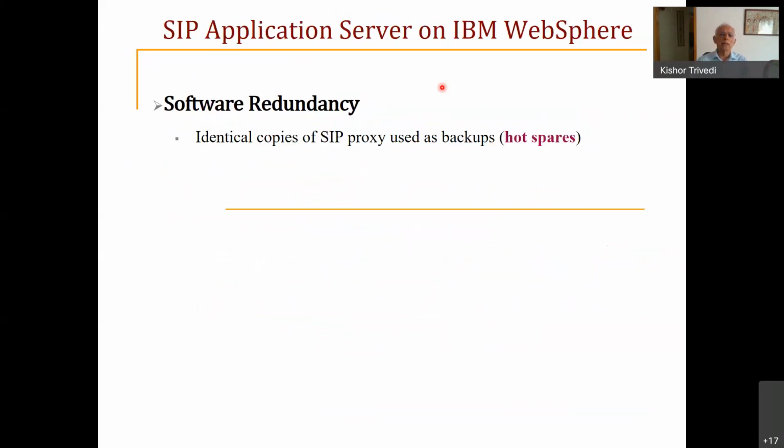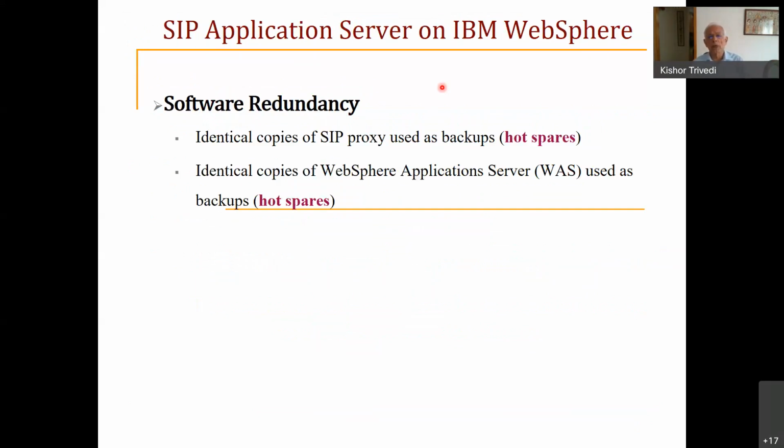But the software redundancy is very different from what is found in the academic literature, in the books. Identical copies of SIP proxy, identical with the same bugs, if you will, are used to back each other up.